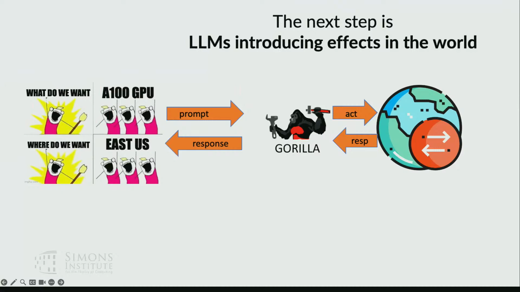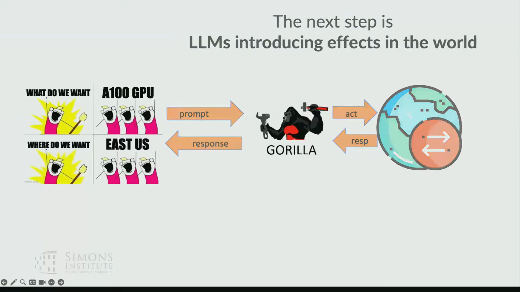If so, it returns it to you. If not, it says, hey, I might have West US instead of East US. You get the response, and then you can introduce effects into the world. So this is the high-level idea: instead of you talking to the LLM, getting the response, and then performing some action on the rest of the world, you just talk to the LLM, and the LLM performs the action on the rest of the world. That's the goal here.